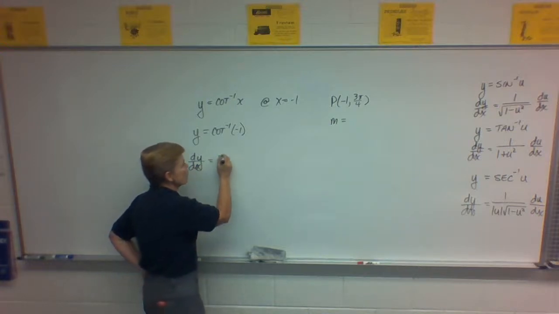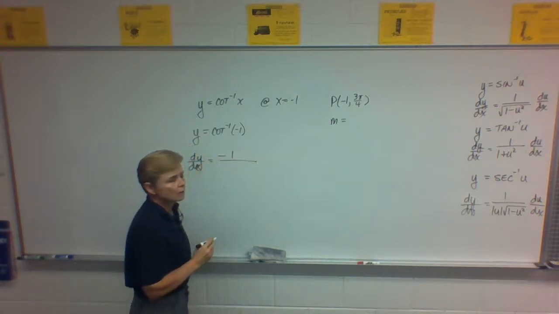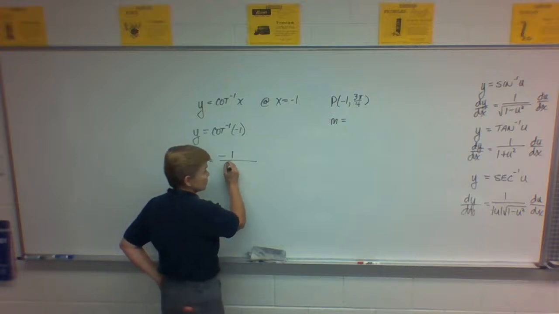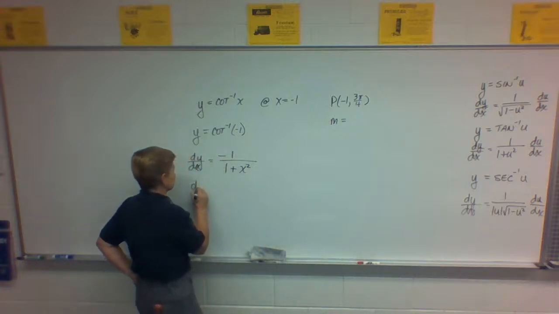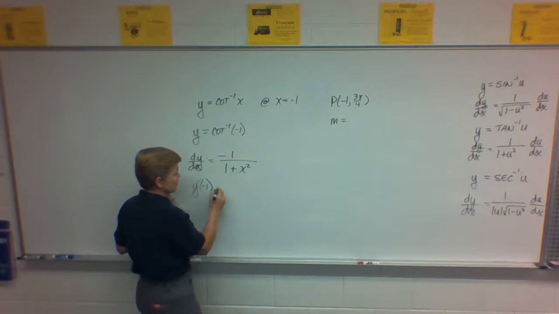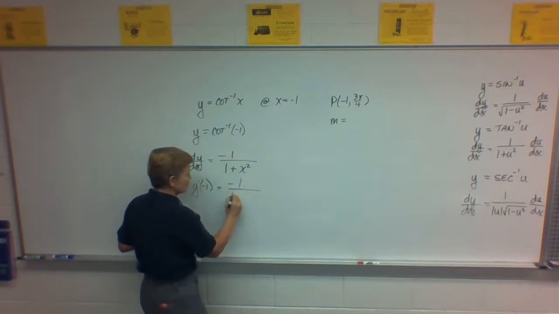It's going to be -1 over 1 plus x squared, evaluated where? At -1. So I'm going to say y prime of -1, because that's the x value, equals -1 over 1 plus 1 squared.